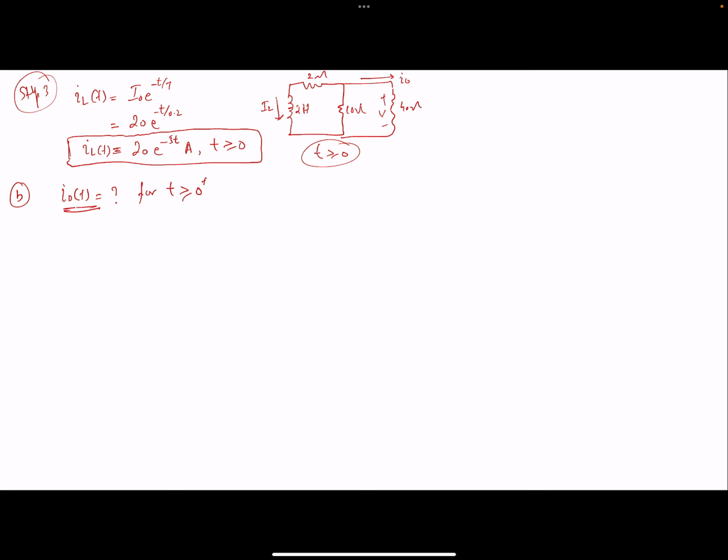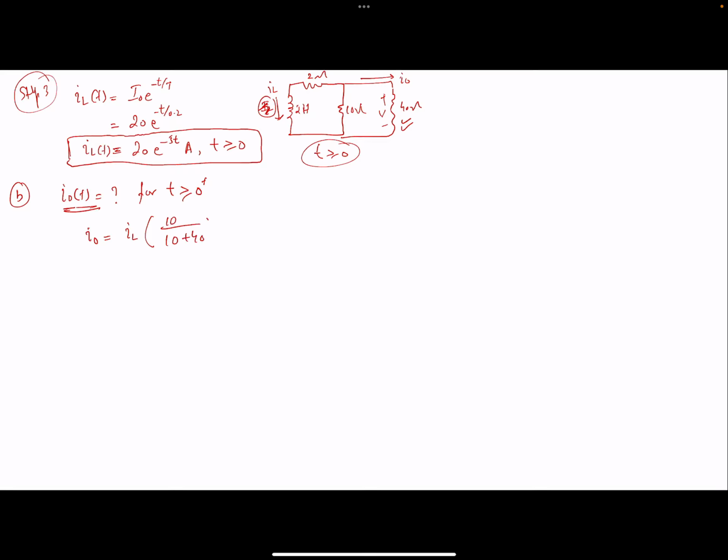I naught of t is flowing through the 40 ohm resistor over here. I can easily do this by using the current divider rule that we discussed in past lectures. I naught can be represented by I_L times the other resistance, which is 10 over here, divided by the sum of the two resistances, 10 plus 40.